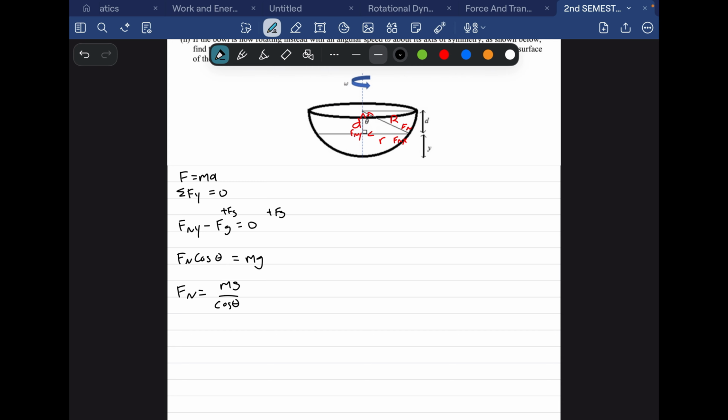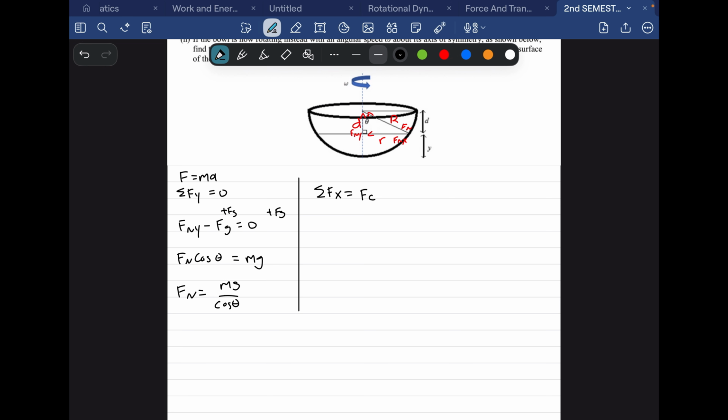Right? So now we're trying to find the angular velocity, referencing the ball, right? So the only way to get v linear or angular velocity is looking at Fc. So we know that the net force in the x direction is equal to Fc, right? Because it's the force pointed toward the center of the circle.